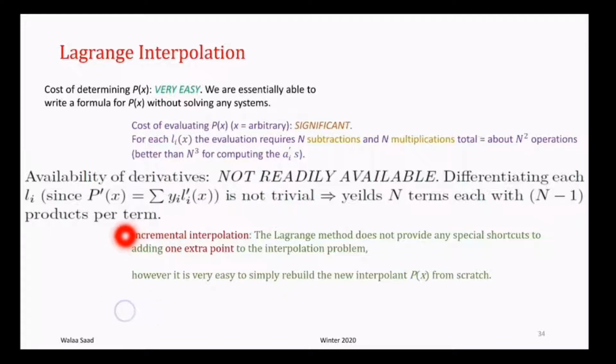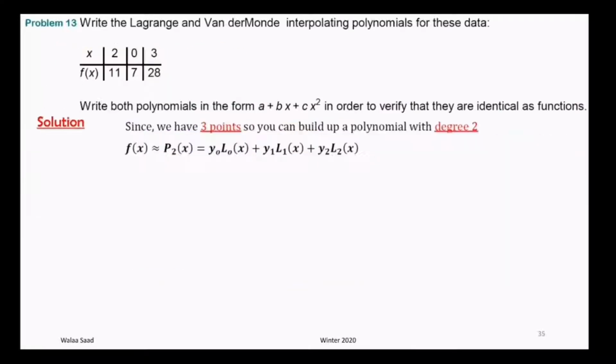If we successfully interpolated the given data into a polynomial and we are given another extra point, we will have to repeat the whole steps again. However, it's very easy and it overcame the n cubed order of operations, which of course decreased the accumulated error and the use of space and so on.